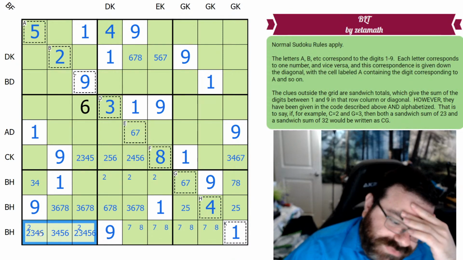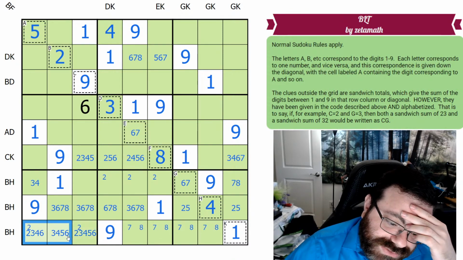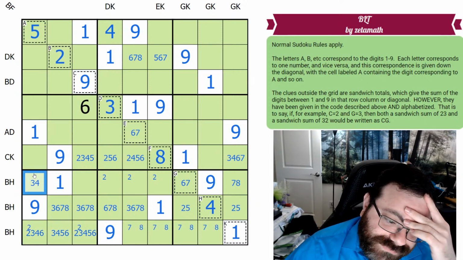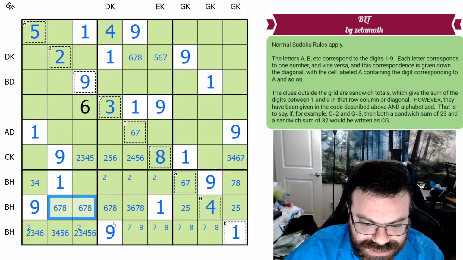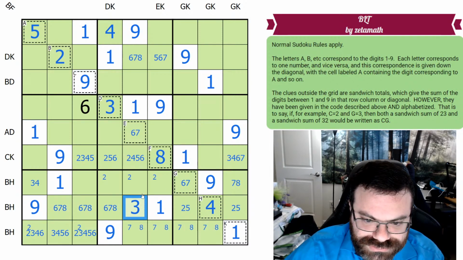All right, so this is 3, 6, or 4, 5. 2, 3, 6, or 2, 4, 5, along with this 3, 4, forms a virtual 3, 4 pair. So this can't have a 3 in it. So this is the 3. That's a good spot.